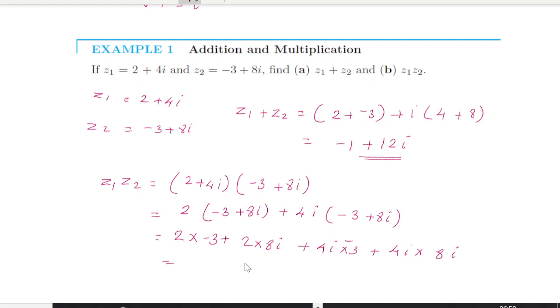And this is minus 6 plus 16i plus minus 12i. Now here 4 into 8 is 32, but i square is coming, i square is minus 1. So I will get minus 32.